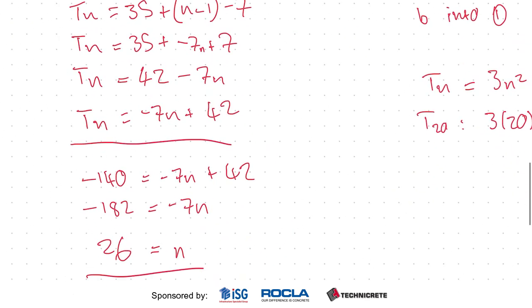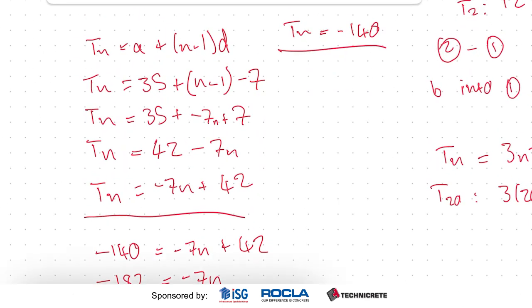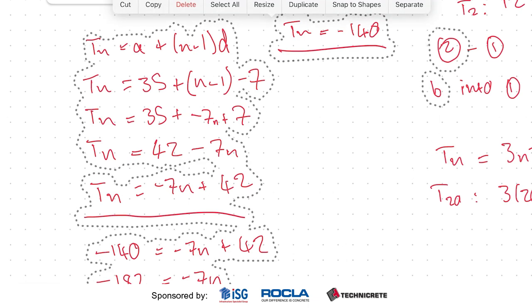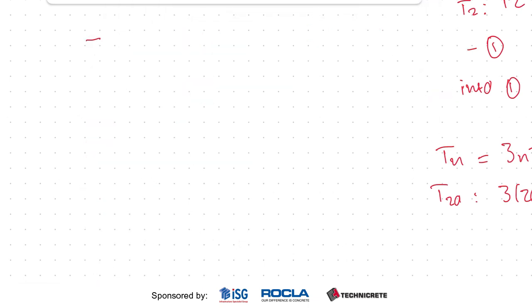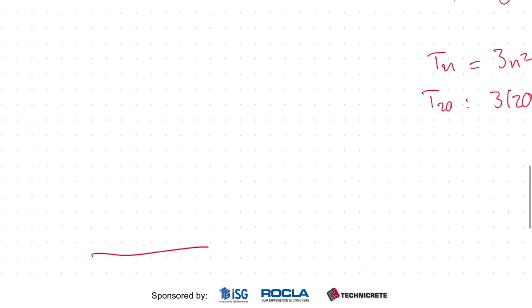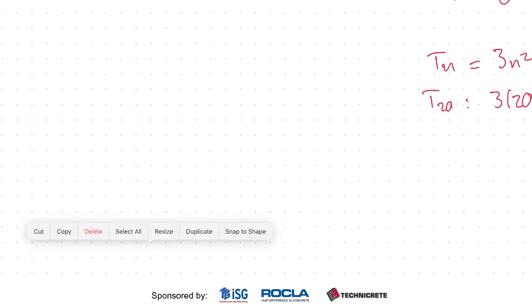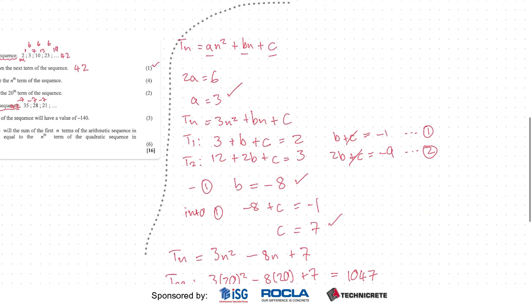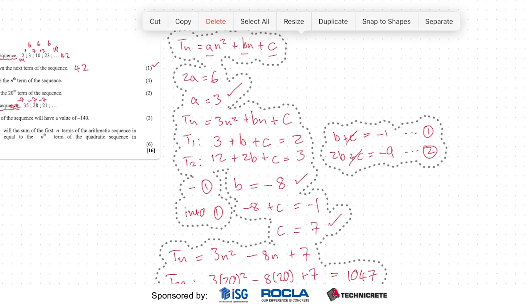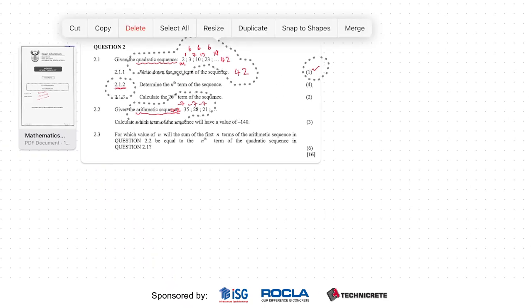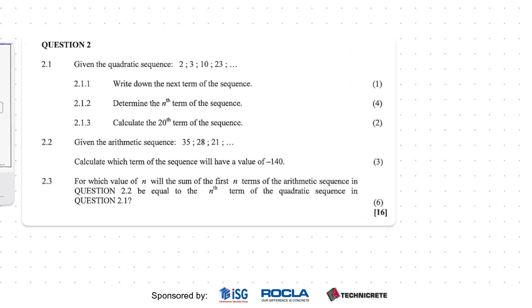So here, let me just make some space. Here we're going to use our sum equations. We're going to find the sum of the sequence. Let me get rid of all of that. Okay, good.